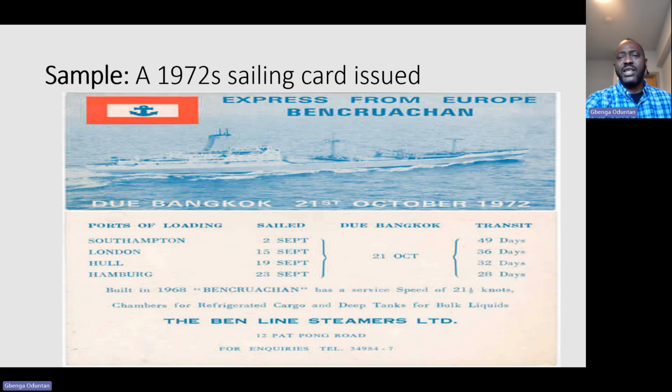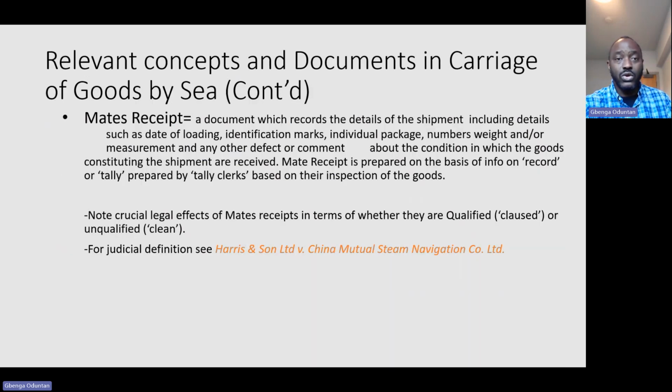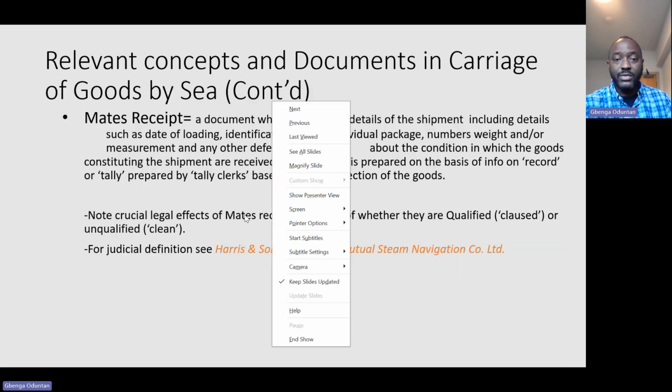So the sailing card is a technical card. It's a technical document that is quite useful to those who need to transport goods by sea.